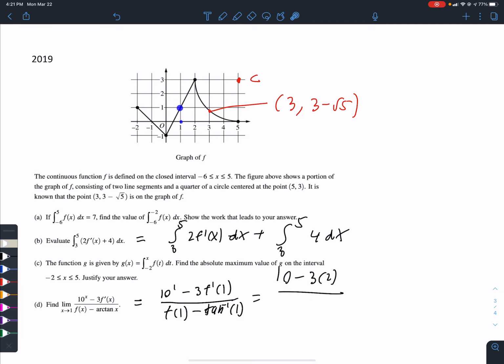F of 1 is 1. And what angle has a tangent of 1? That's going to be pi over 4. 10 minus 6 is going to be 4 over 1 minus pi over 4. That's my answer. I am so blown away that's not L'Hopital's, but that's the end of this FRQ.